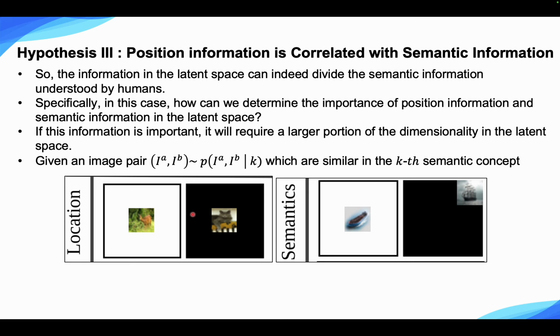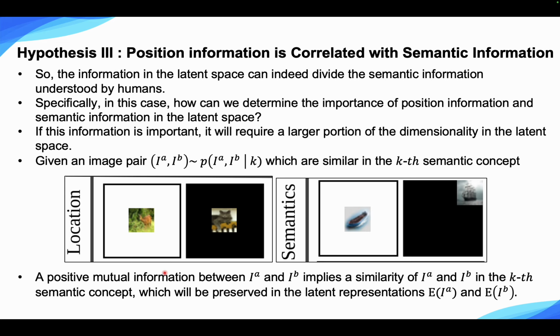Given an image pair like this, this pair of images shares the same concept of location, and this pair of images shares the same concept of semantics because they are both the same digit. So given an image pair, we can compute the similarity in a case semantic concept.